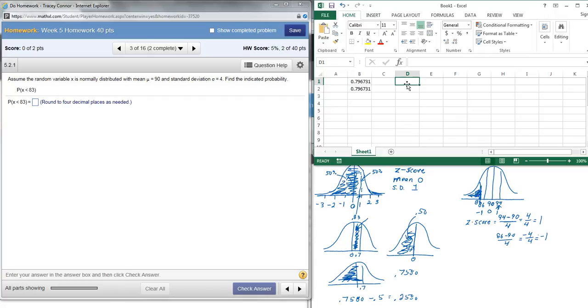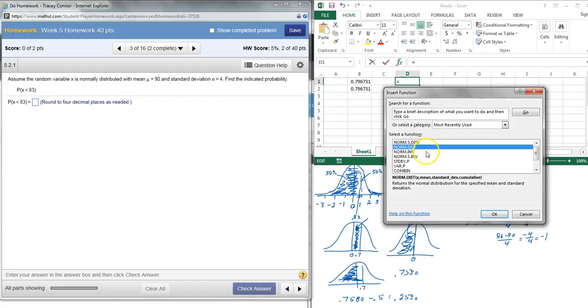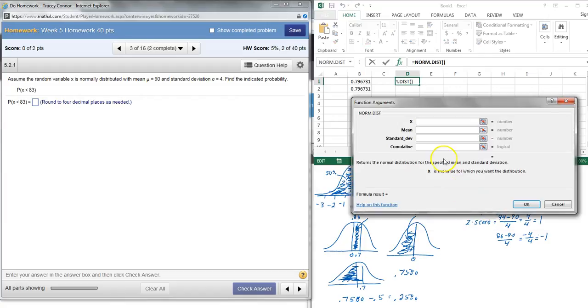Okay, so what we can do is go to function, and then we go to NormDist, not the S, because we have to put in the mean and standard deviation. We hit OK, and we're looking for our x is 83, our mean is 90, our standard deviation is 4, and then we put in true, and it gives us the probability.